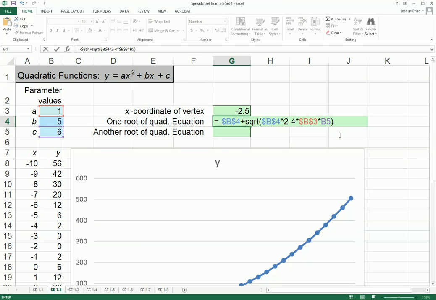Now I want this whole thing divided by 2a, so I'm going to make sure that I have this whole thing in parentheses divided by, and again in parentheses, 2 times a, and we'll anchor that. And so one of the roots is -2.